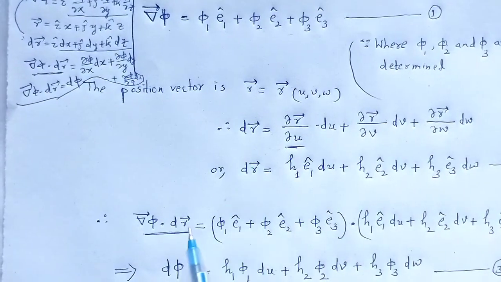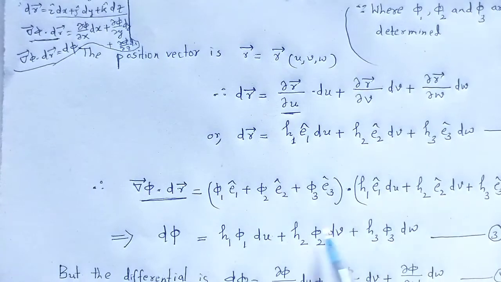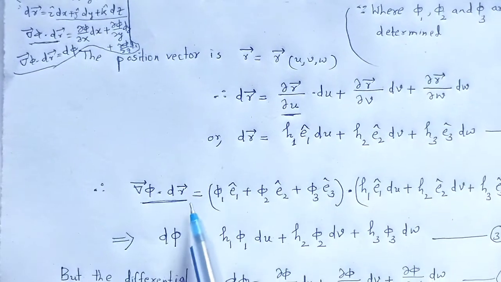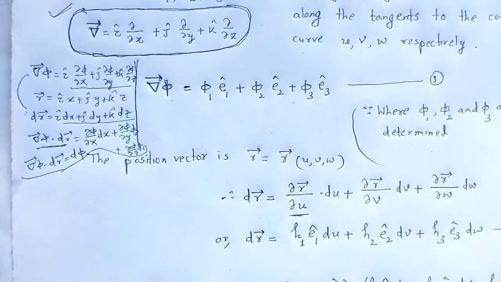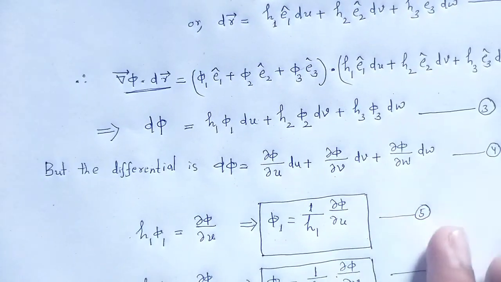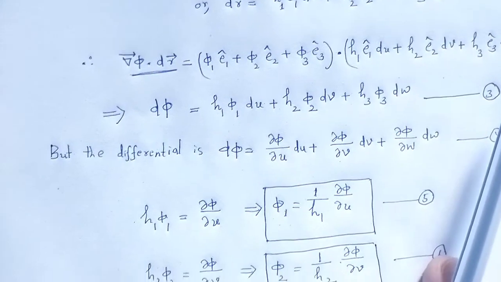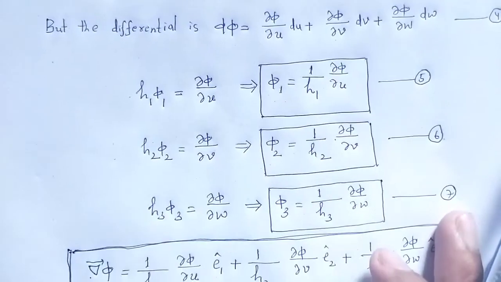So the scalar product grad phi dot dr is equal to d phi, and the differential of d phi is equal to this much. Now we equate equations 3 and 4 and find the values of phi 1, phi 2 and phi 3.